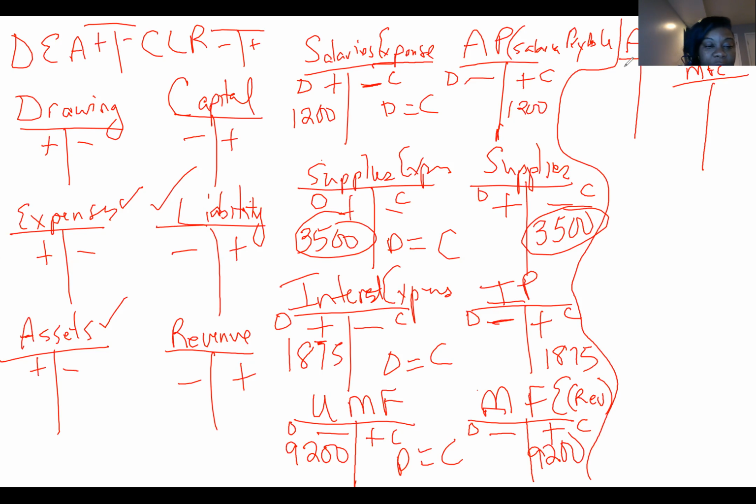AR is an asset, so is it a plus minus or a minus plus? Plus minus. Revenue is a revenue, so is it a plus minus or a minus plus? Minus plus. Yep, perfect. All right, so we want to show that now these people owe us money. They didn't owe us before, but they owe us now.